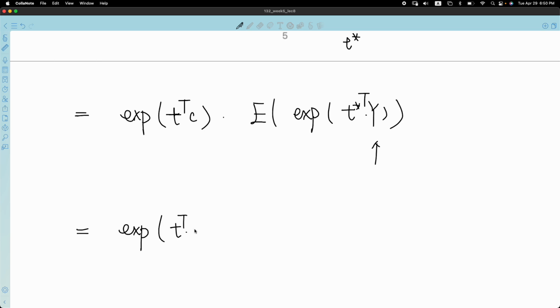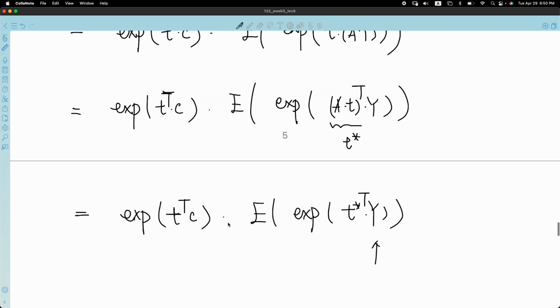So t transpose c for the constant term. Now plug in the moment generating function that we derived.